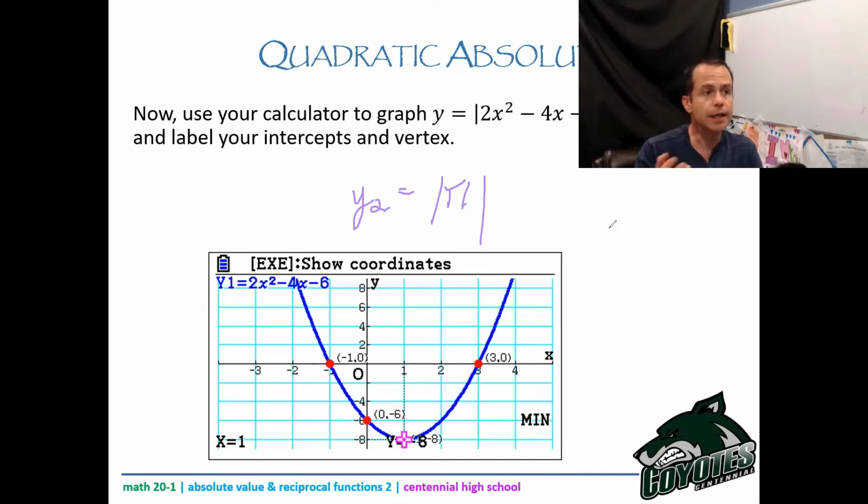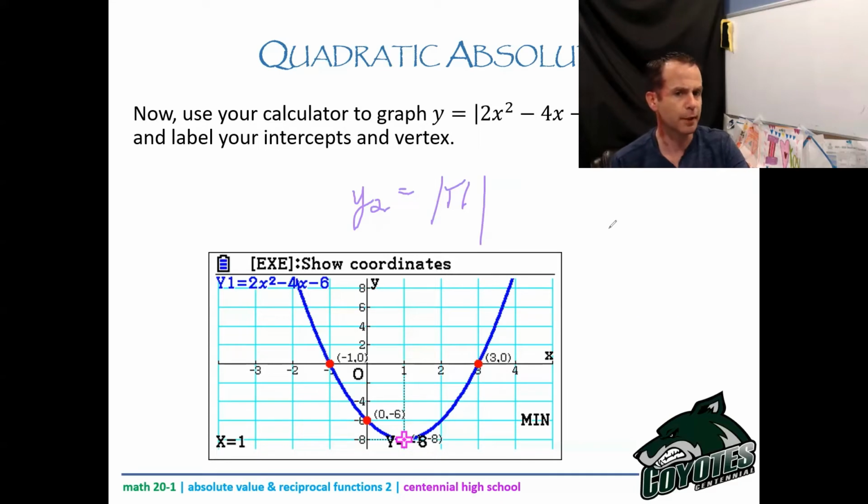On a TI, you can do that as well. If you have a new operating system, there is a shortcut, which I can't remember off the top of my head. I wanna say it's alpha F4, and that will let you do Y1, okay? If you don't have a new TI, you can get it by pressing the variable button and then go over to y variables, call it a function, and then you'll see the Y1, okay?